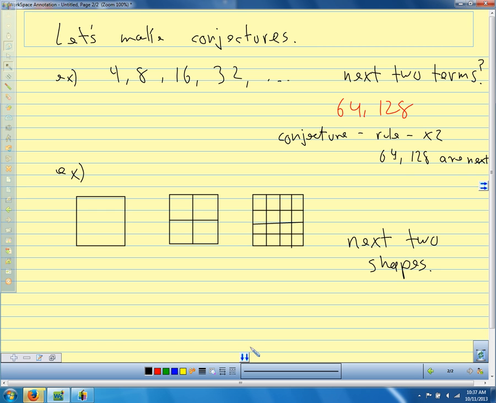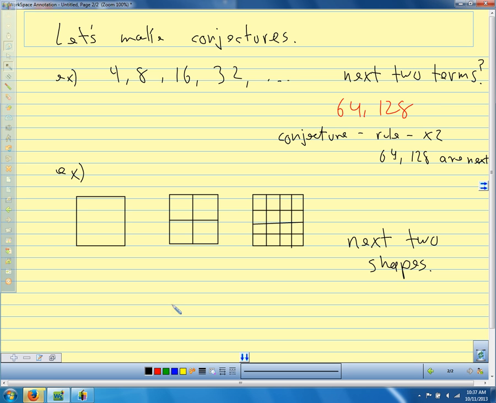So Lydia, how would you describe what's going on here? What would be your rule? So we cut it into fourths. So each square is cut into fourths? Right.